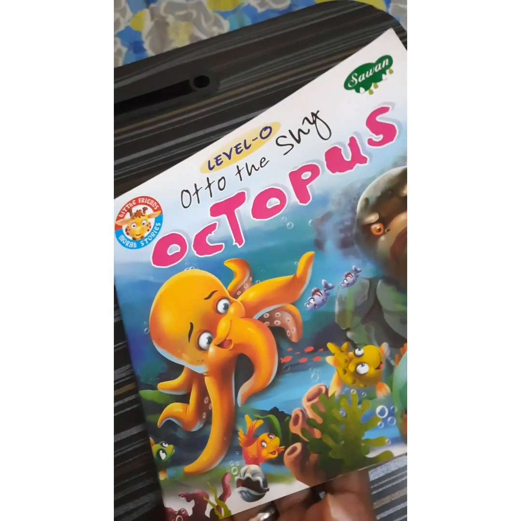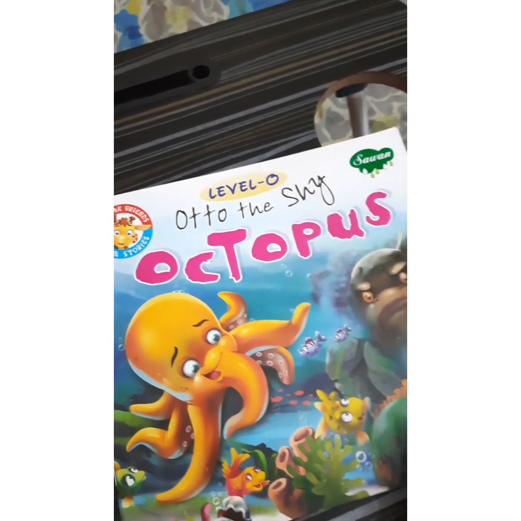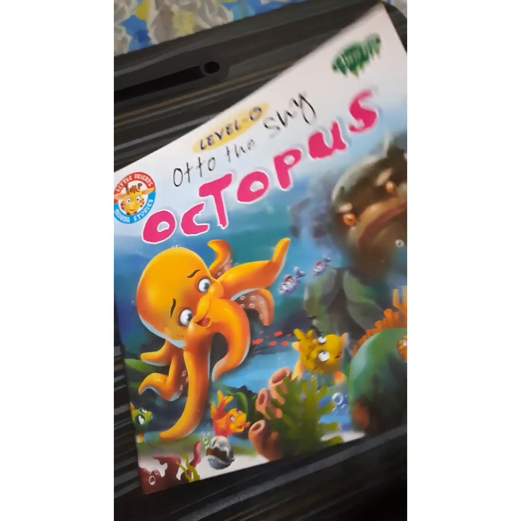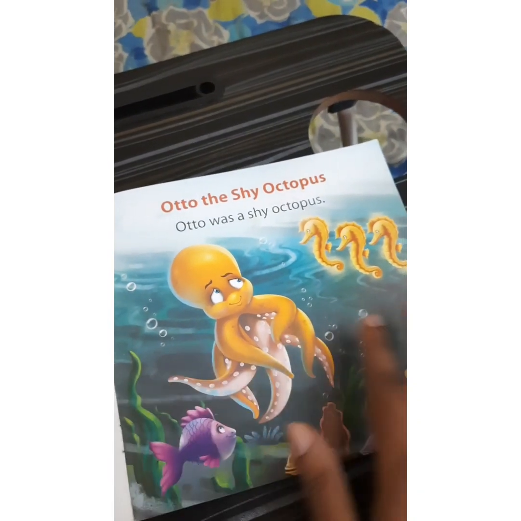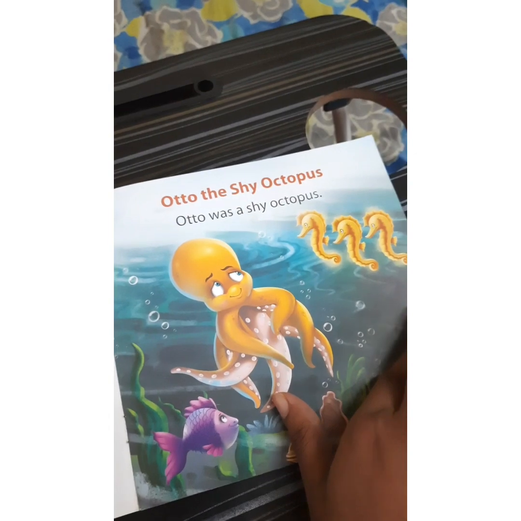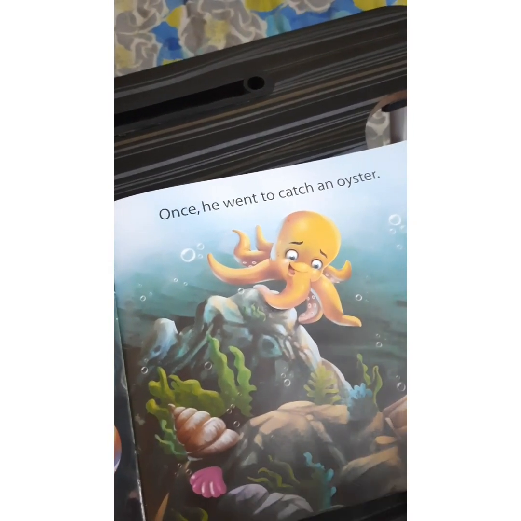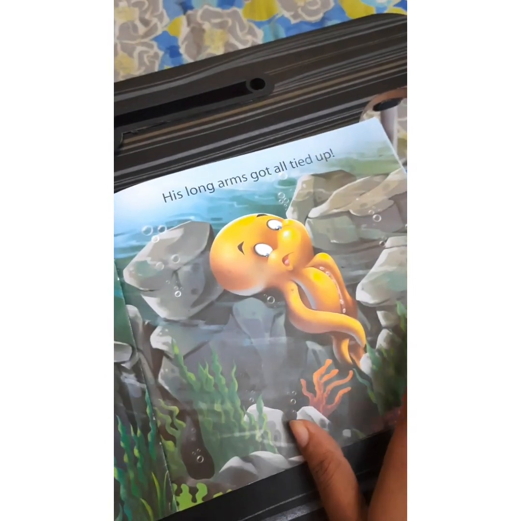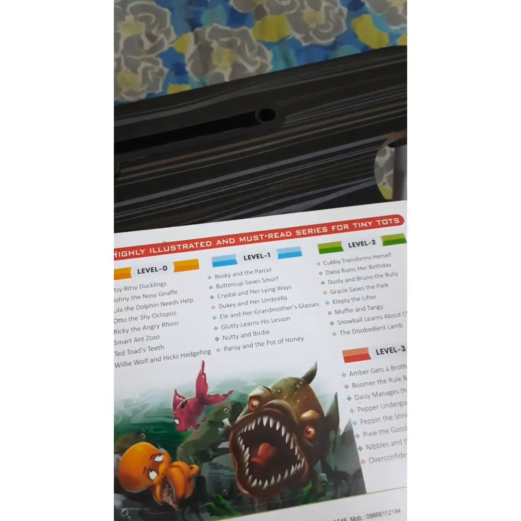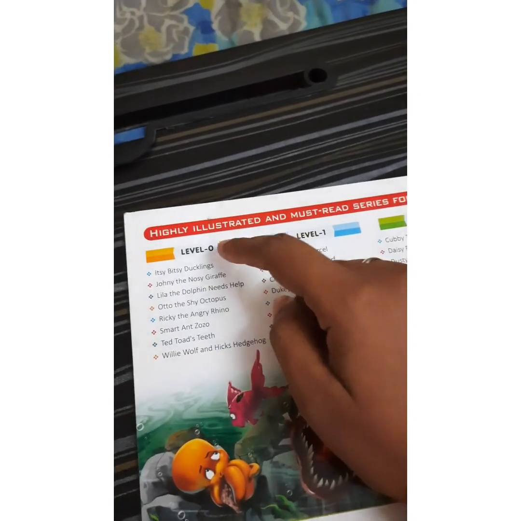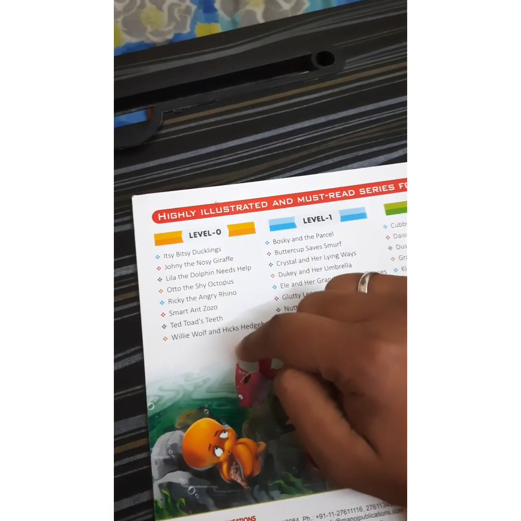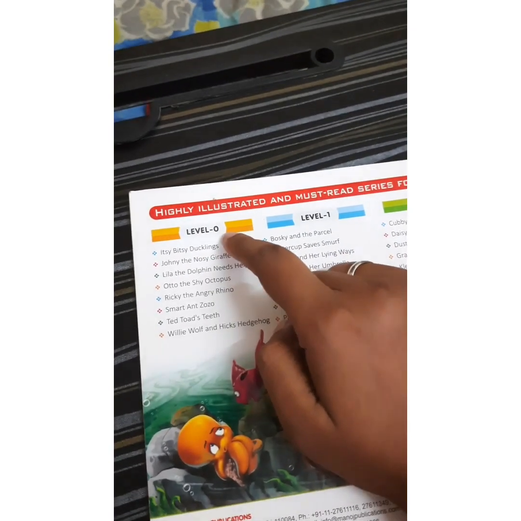And then this was the level 0 books, because even in this they had the same way big pictures and simple lines. I would be reading, and then he will listen to me and copy it. So this way I made him interested in reading. Every day I would make him read this kind of books, because they had nearly 8 to 9 books in level 0 itself.